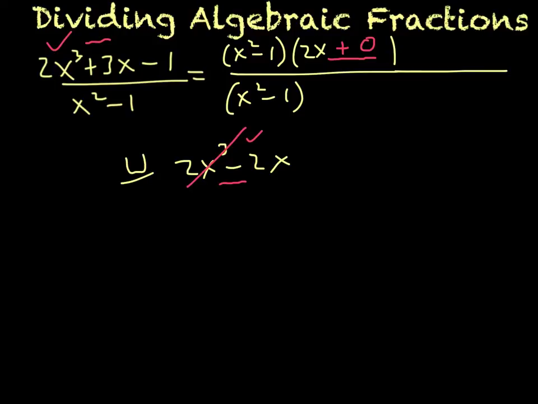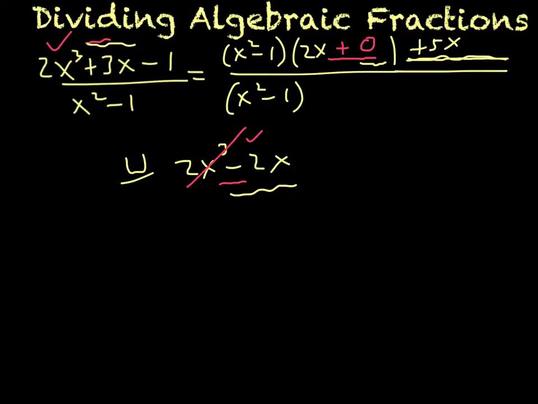So I can put a plus 0 in there, and as I was saying before, once this thing is your constant, all you can do now is deal with your remainders. Everything else is a remainder. So here I have minus 2x, here I have plus 3x. So I need to add 5x.